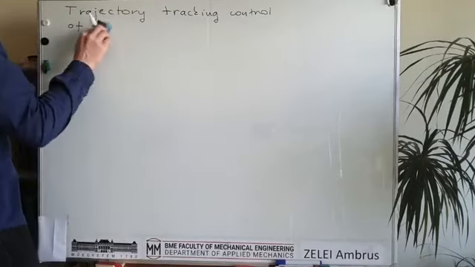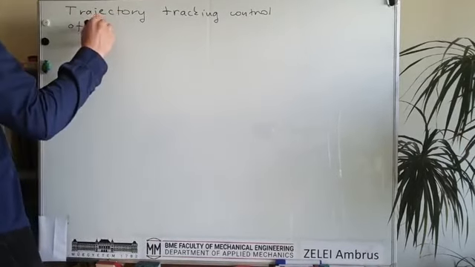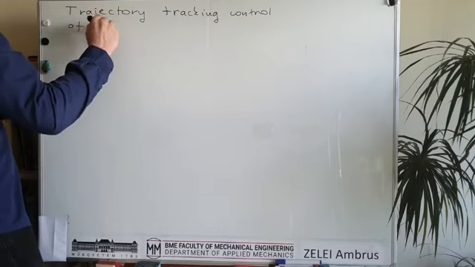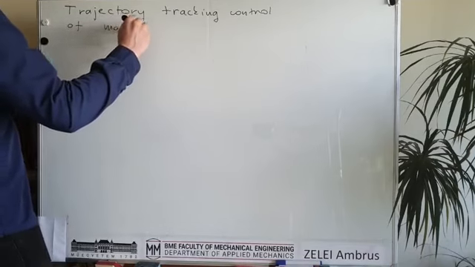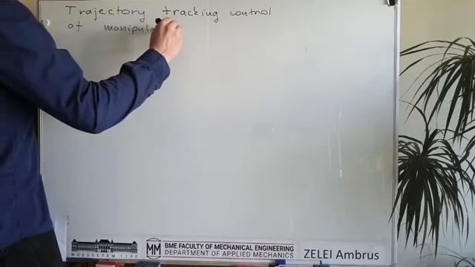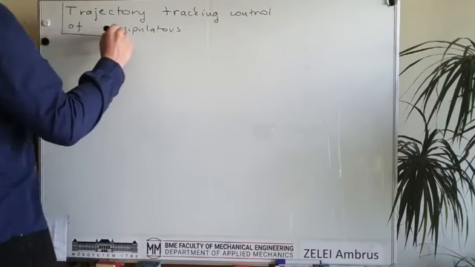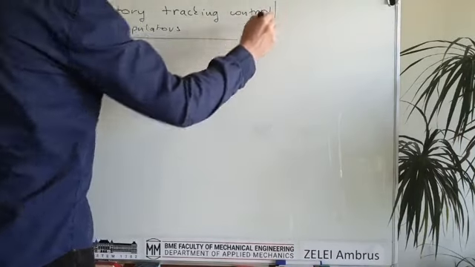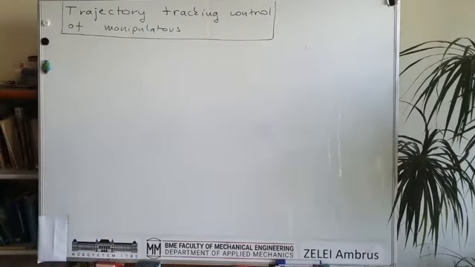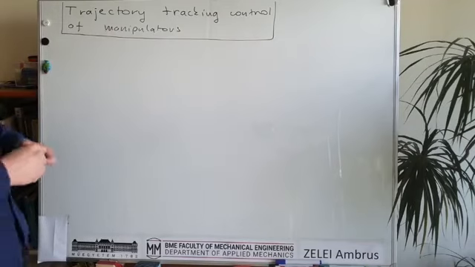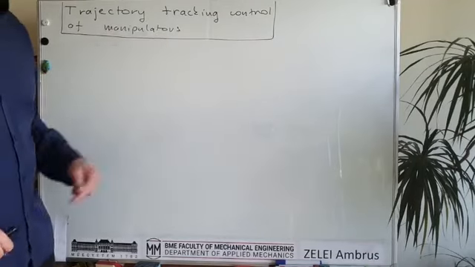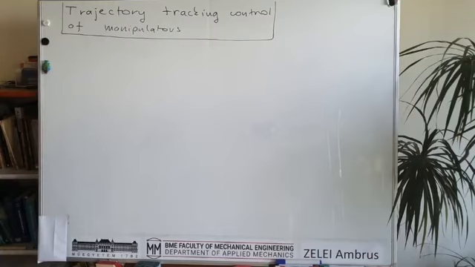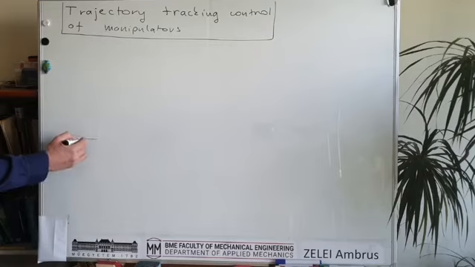It doesn't have to be serial, but the big title from now is the trajectory tracking control of manipulators, and this week we will deal with it, and next week we will also deal with it. And let's draw something which shows the concept.